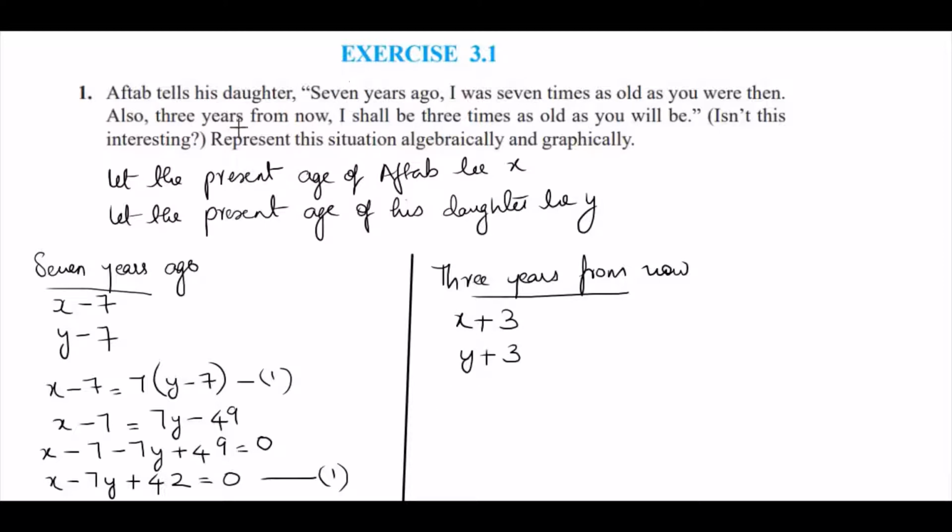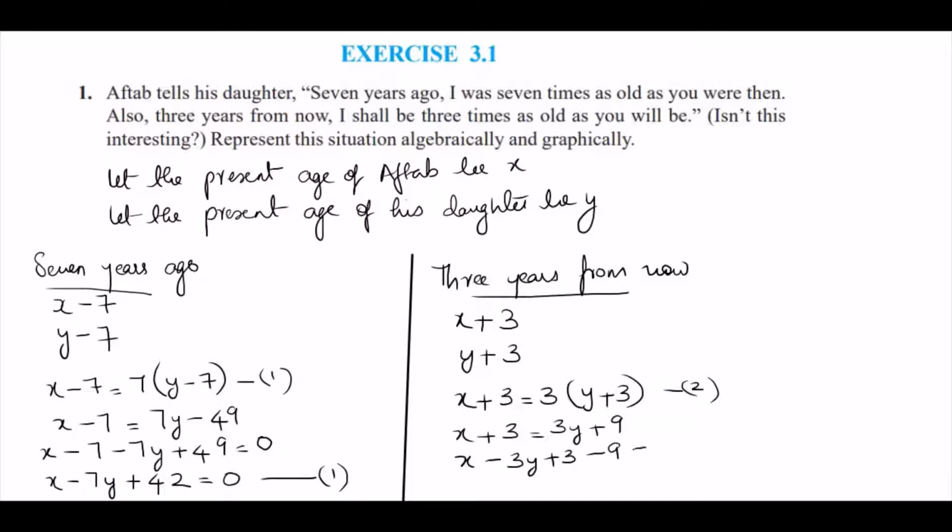Now we have to write the relationship of their ages 3 years from now. So he said he will be 3 times as old as his daughter. That is x plus 3, that is Aftab will be 3 times the age of his daughter. You get x plus 3 is equal to 3y plus 9, that is x minus 3y plus 3 minus 9 equal to 0.